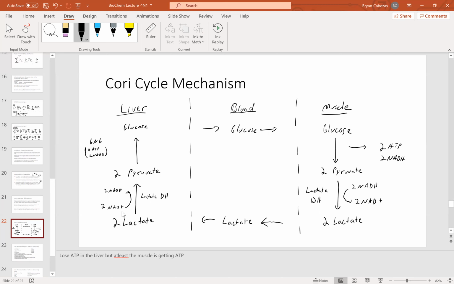We take now the 2 NAD plus, and we're going to oxidize our lactate using lactate dehydrogenase, and we're going to make 2 pyruvate, right? The hydrogens from the lactate are removed by the NAD plus, converting the alcohol group in our lactate to the carbonyl group in our pyruvate, right?